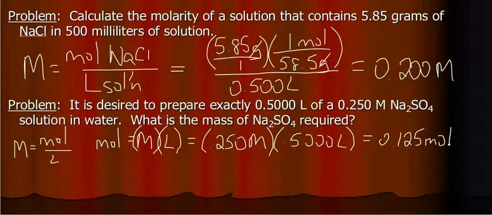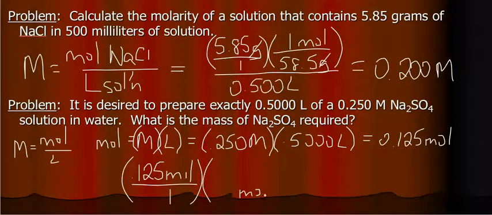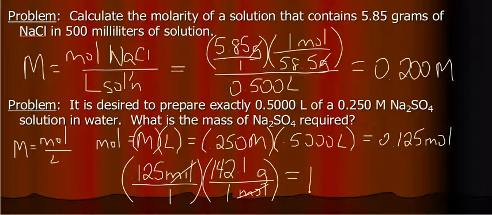So I have 0.125 moles of the sodium sulfate, but I want the mass of sodium sulfate, so take that number and simply need the molar mass from the periodic table for Na2SO4, and the molar mass is 142.1, and so the mass that would be required to produce 0.5 liters would be 17.8 grams of sodium sulfate.